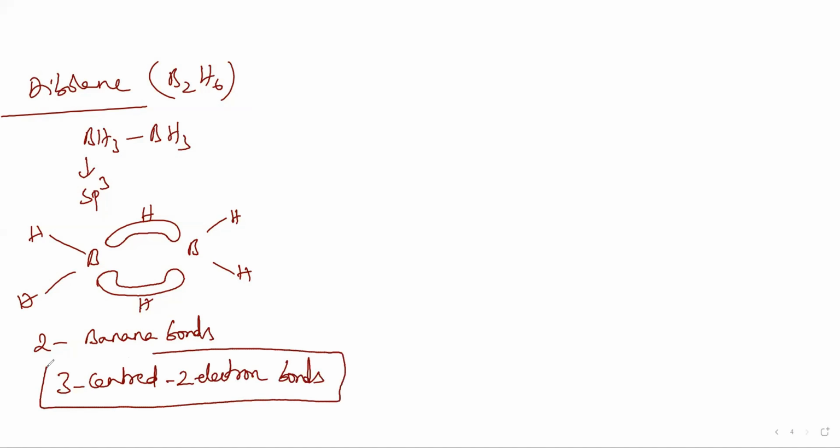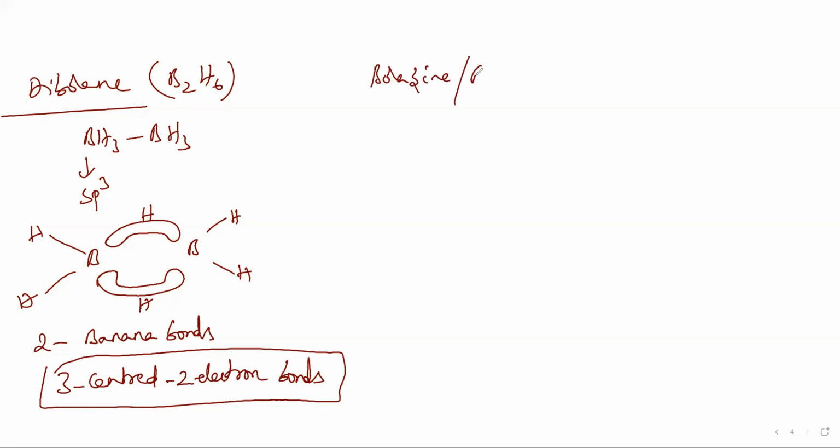That means here you can see B-H-B. Three centered, only two electrons will be present here. So three centered, two electron bonds, right? Diborane is an important compound.